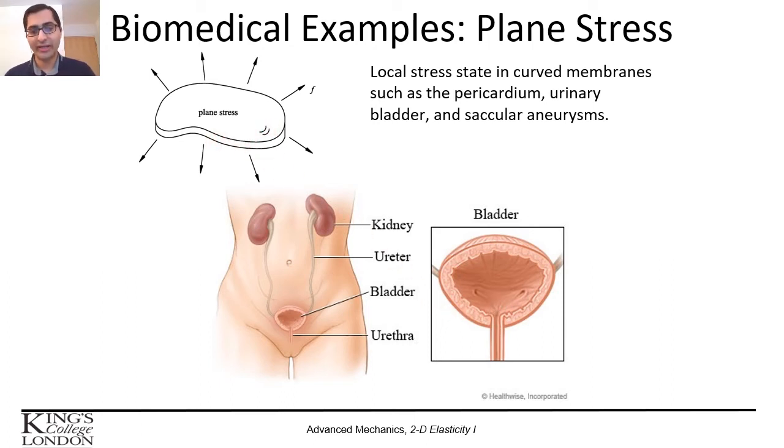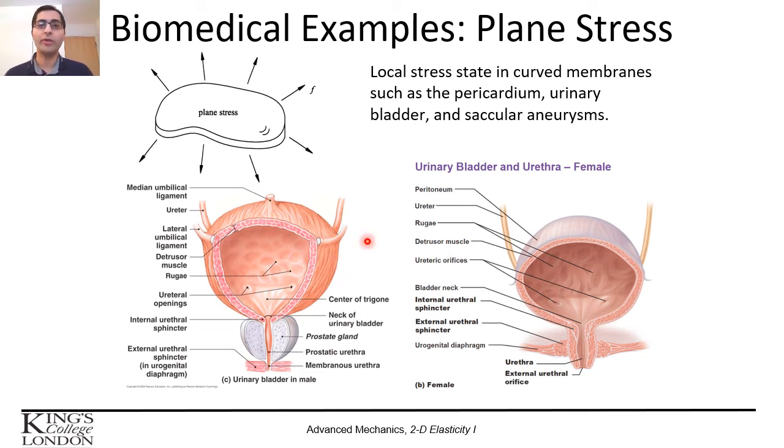Just pay attention that in both the pericardium with fluid buildup around the heart and the bladder with urine buildup inside, both of the organs are kind of spherical. And we have uniform pressure outside and uniform pressure inside.